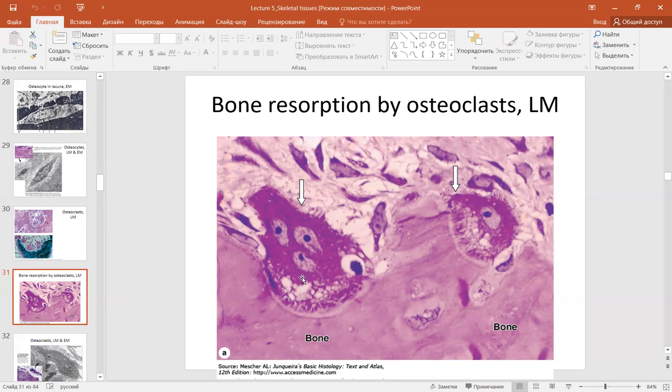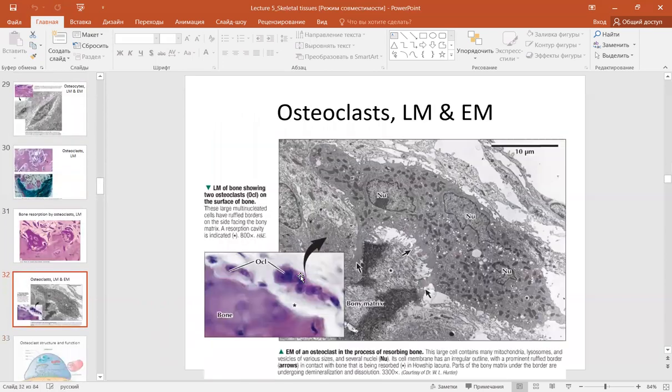This resorption and regeneration is a constant physiological process which takes place during the whole lifespan of the organism. It is a long-lasting remodeling and regeneratory process in the osseous tissue.